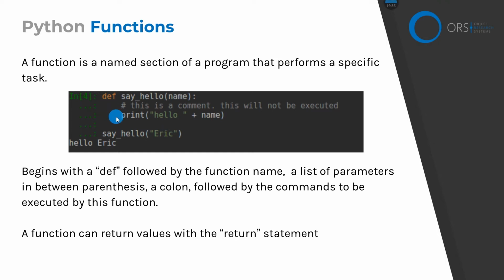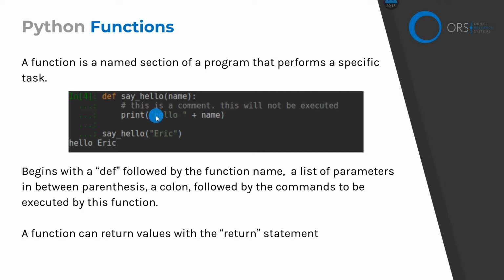In other languages you have the curly brace, but here in Python it's always based on the spacing, so if you put the same spacing, then this is one block for the function. So here, for example, I put a comment, and this line will not be executed. This is just for the programmers or the readers to know what the code is doing.